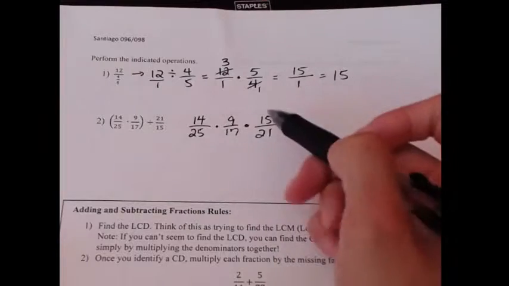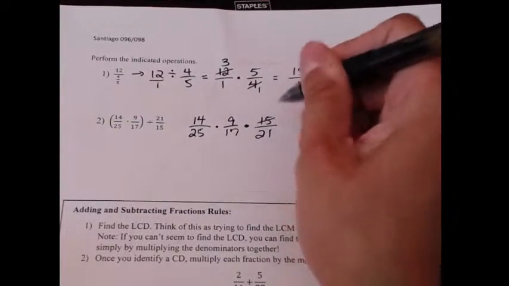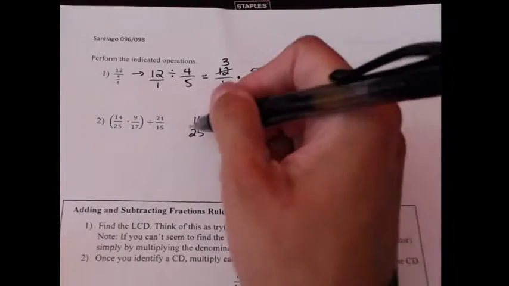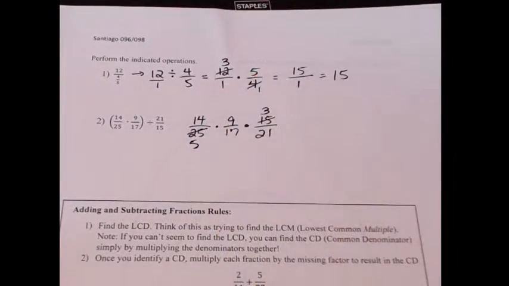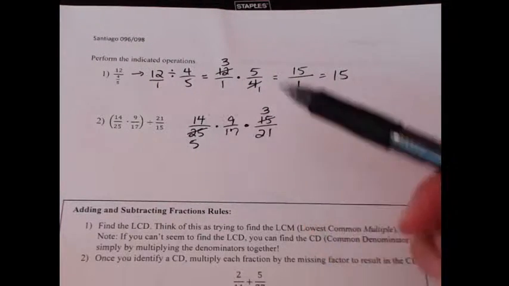15 and 25, I'm definitely going to divide both by a 5. So 5 goes into 15 3 times, and 5 goes into 25 5 times. Then remember, I'm just kind of playing around and looking at reducing the first things that jump out at me. I notice here I have a 14 and a 21, numerator, denominator.